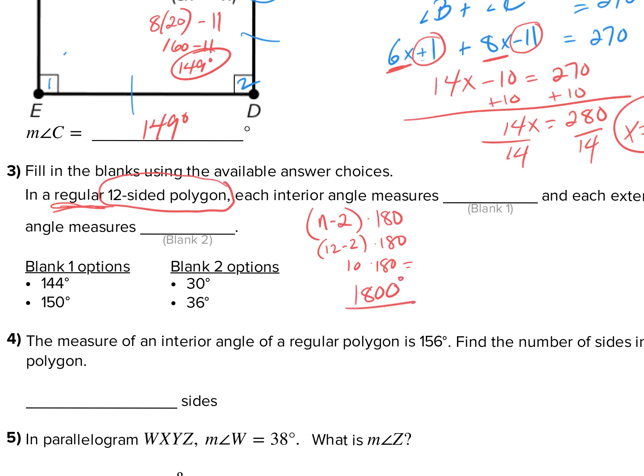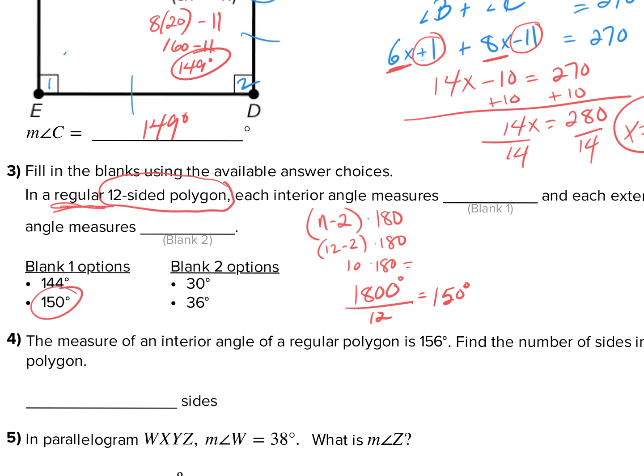Okay? Now that's the total sum, not the measure of each individual angle. So I need to do 1800 divided by my 12 individual sides, or my 12 angles. And when I divide my total sum by 12, I get 150 degrees.